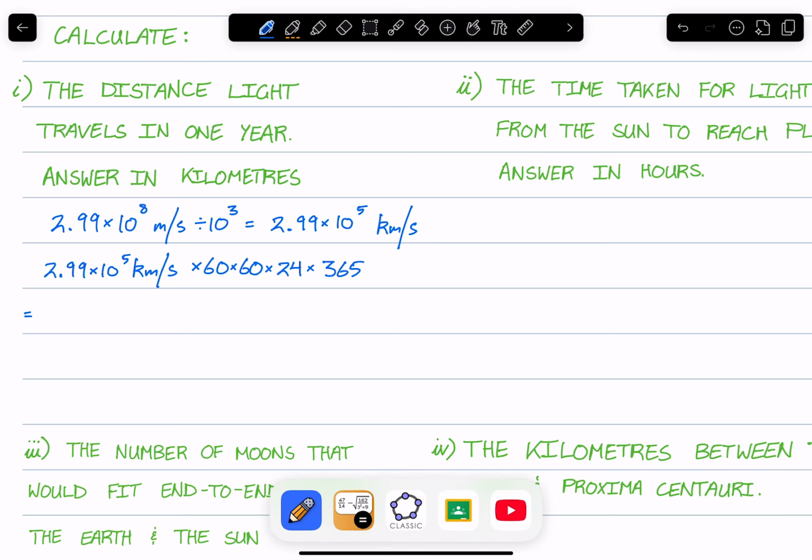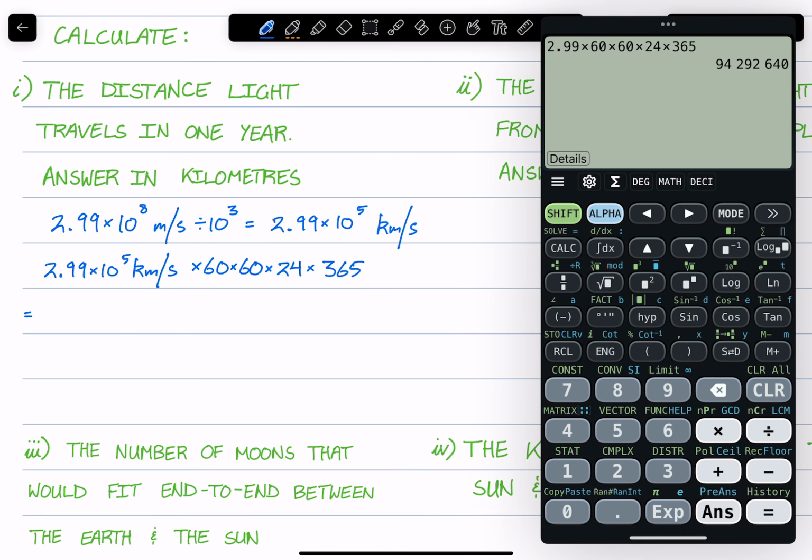So let's calculate that. So there it is, 2.99 times 60 times 60 times 24 times 365. It actually becomes 94292,640 times 10 to the power of 5 kilometers per year.